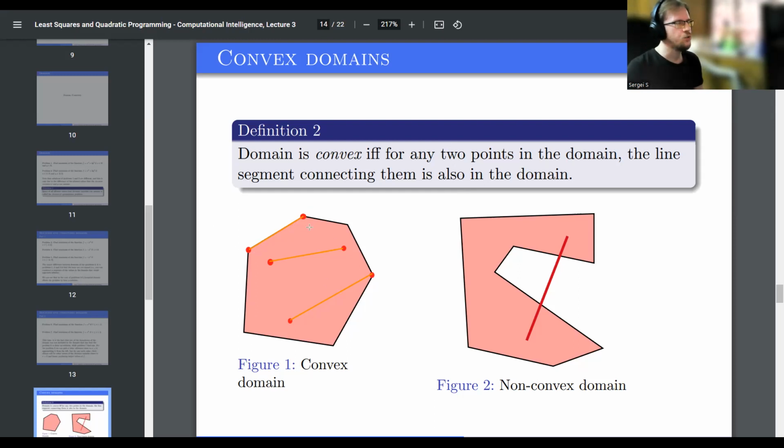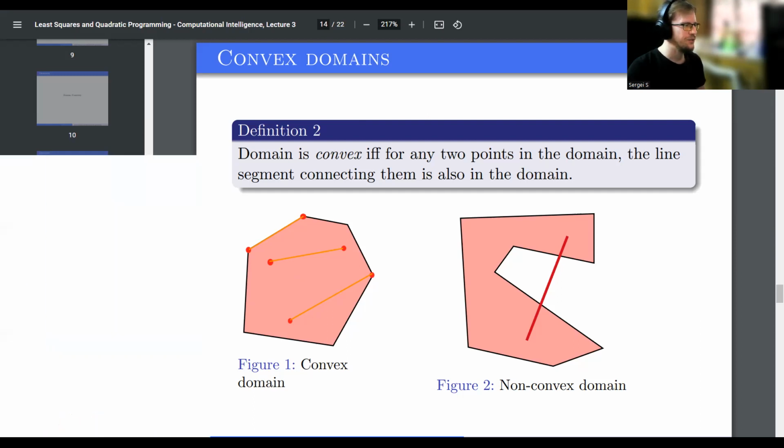So we can connect any two vertices, and you would get the edge, like in this 2D case, right? You'll get an edge which is part of the domain. So figure one actually shows you a convex polytope, but that is of course not the only example of a convex domain. Let me just quickly, using what Zoom allows us, show you other types, just a couple.